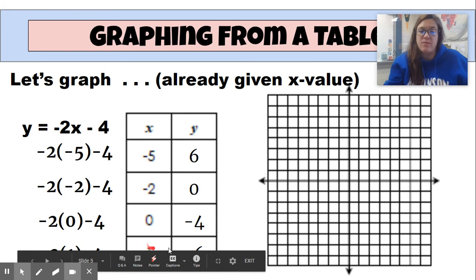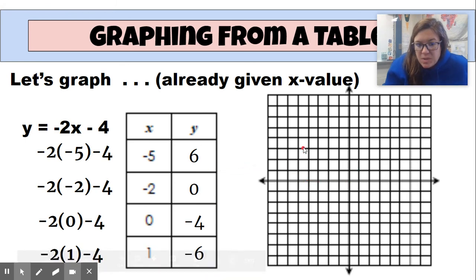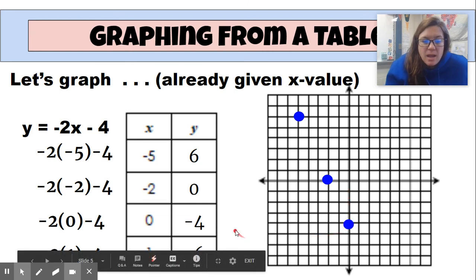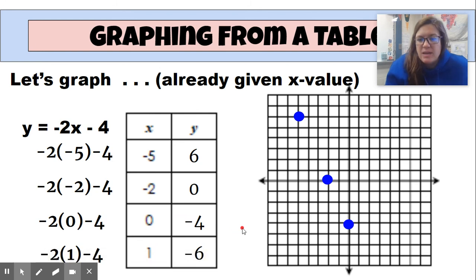So here are my 4 ordered pairs. Start at my 0. Left 5, up 6. Okay, go back to 0. Left 2, and then I don't go up or down. Okay, the 0 second means I don't go up or down. Then 0, -4: the 0 first means I don't go left or right, and then I go down 4. And then 1, -6.